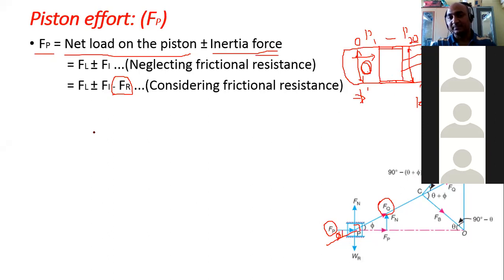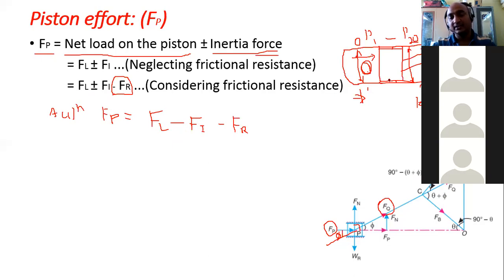In that case, during acceleration, Fp will be equal to Fl minus Fi, instead of plus, and minus Fr is always there when you consider this force also. So during acceleration, it must be minus.